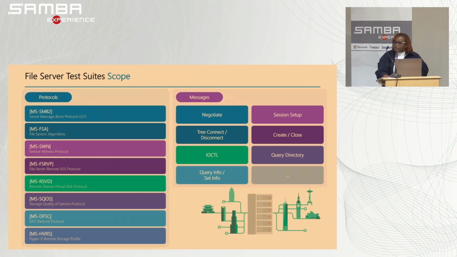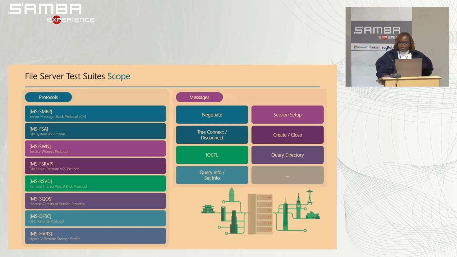Let's talk a bit about the scope of the file server test suites. They cover 8 protocols in total. The core protocol is SMB2, of course. That's the bread and butter. But I want to highlight a few others that are especially relevant.